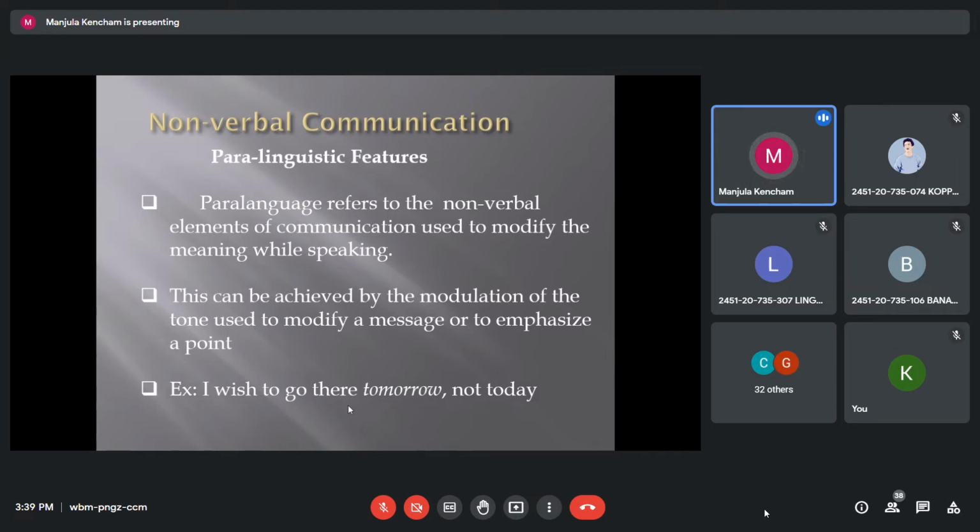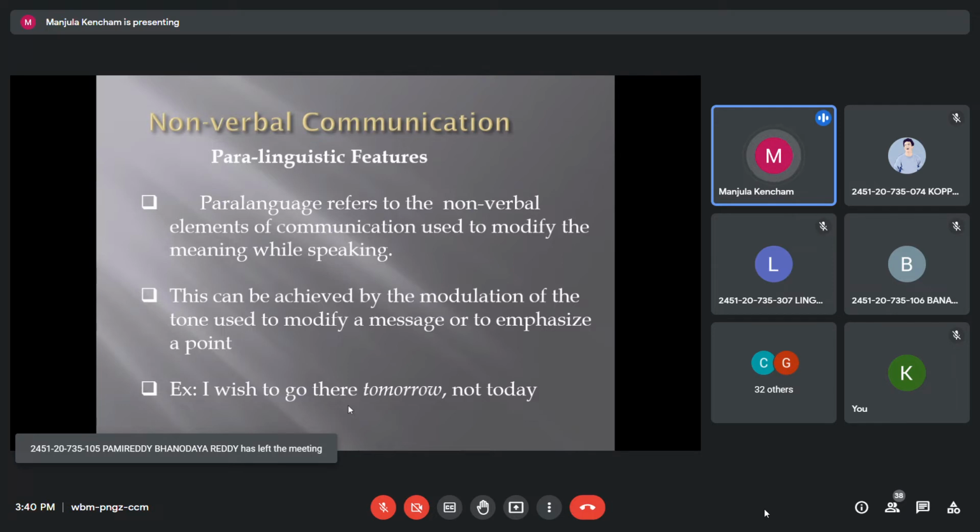While doing that, you try to bring some kind of modulation in your voice to convey the message in an emphatic manner, or to describe in a cheerful manner, or sometimes in a very boastful manner. All that is communicated with the help of your tone.